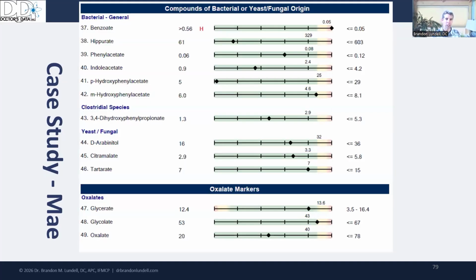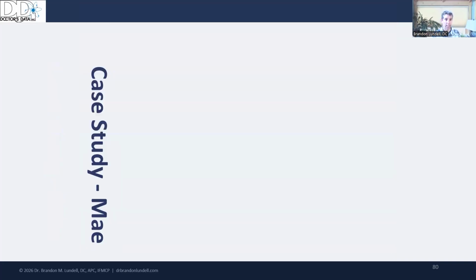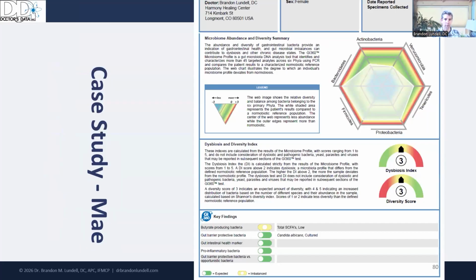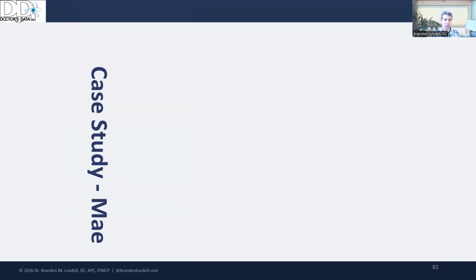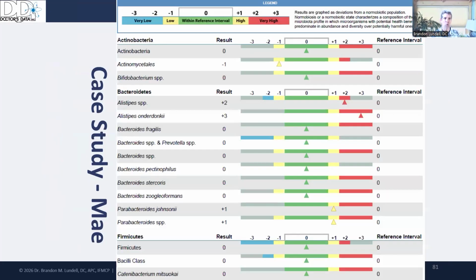Benzoate is high, which gives you a clue that their GI test is likely imbalanced. And sure enough, this is her actual GI test. She had a great imbalance in her firmicutes and proteobacteria, and low short chain fatty acids. These are the actual subclasses in your phyla.